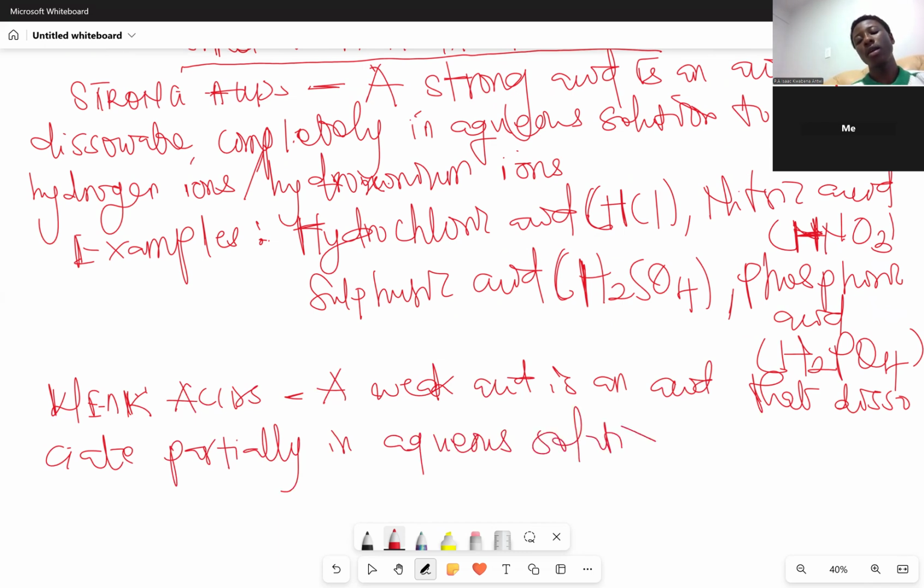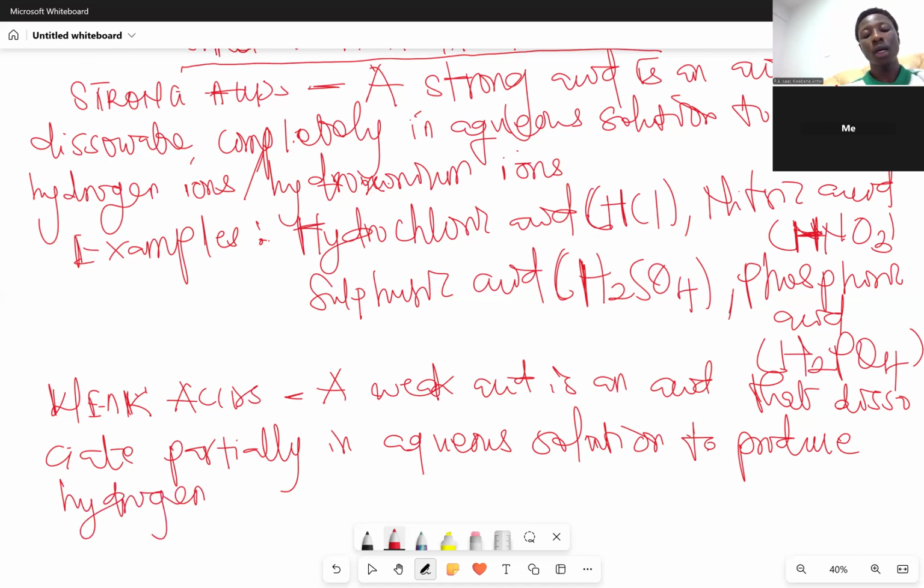Aqueous solution. Mary, are you there? A weak acid is an acid that dissociates partially in aqueous solution to produce hydrogen ions or hydrozonium ions.